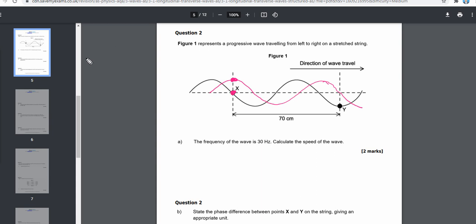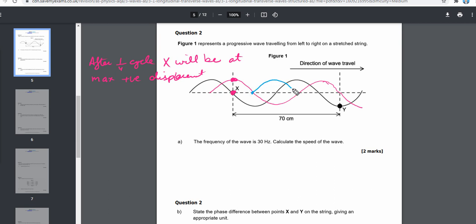So after 1/4 cycle, x will be at maximum positive displacement. Then I'll move the wave half a cycle more to the right. I'll draw it with this blue color.